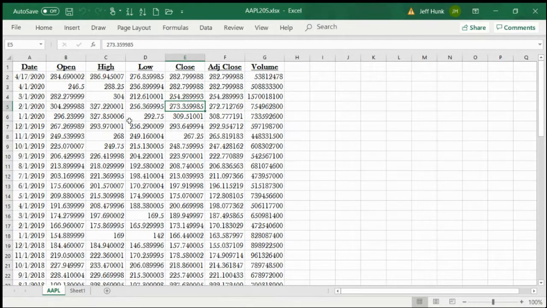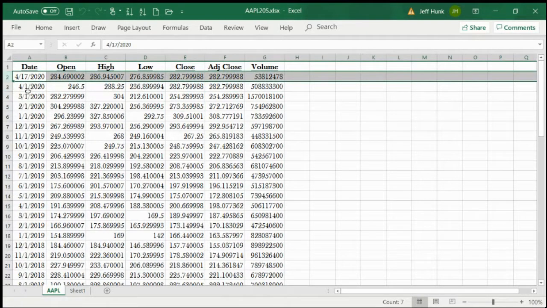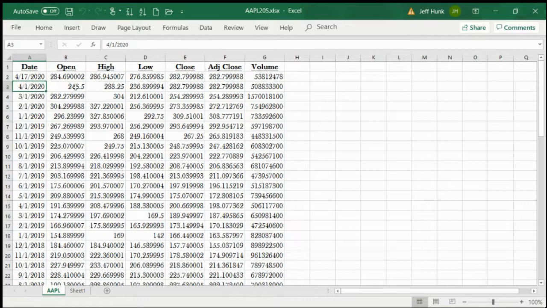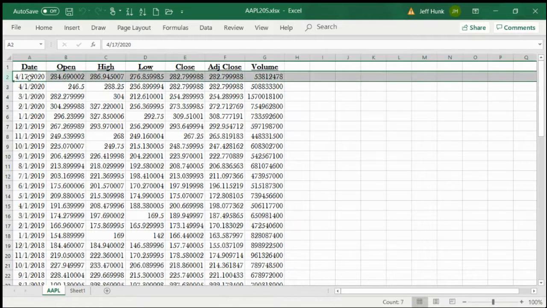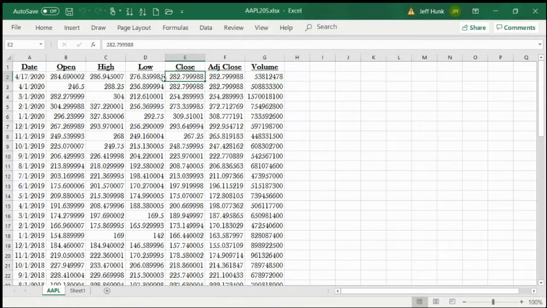And since April hasn't ended, this is really the first day of April, and as of the 17th, the closing price of the 17th is the representative of the April closing, because April hasn't ended yet.